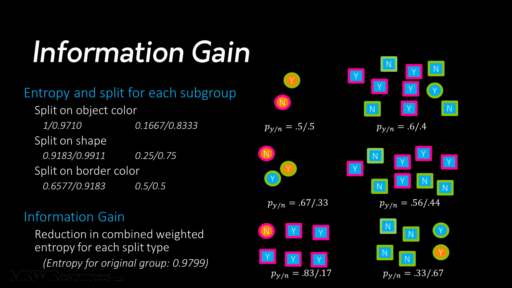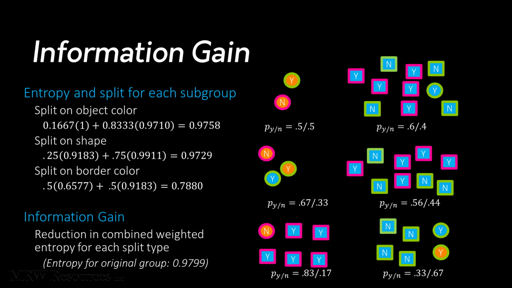So now we do our calculations. We're going to multiply our probability times the log of that probability for the group. So in the top, we have 2 out of 12, so 0.1667. And we have 10 out of 12, 0.8333 times the entropies of those various groups, and we end up with 0.9758.